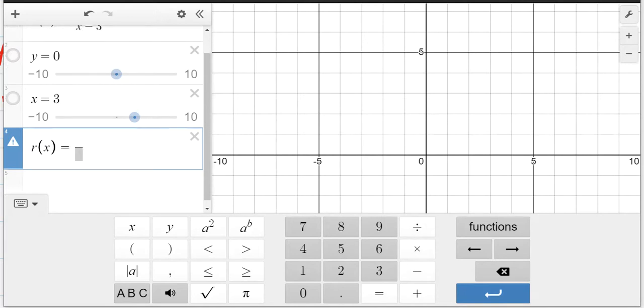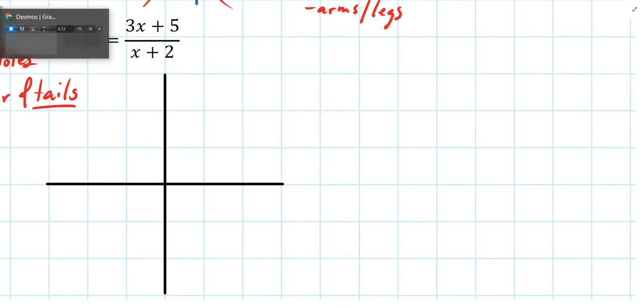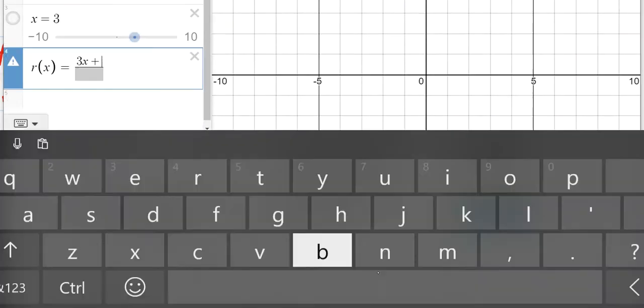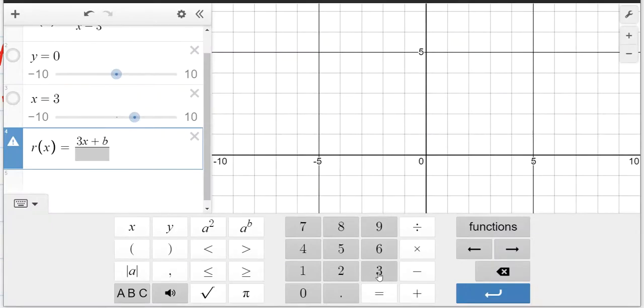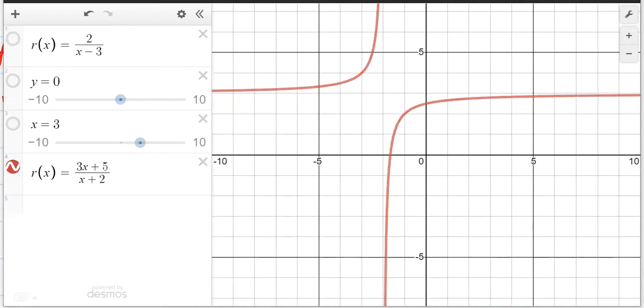I'm going to press the divide symbol first to create an empty fraction, and then I'll fill it in with 3x plus 5 over x plus 2.